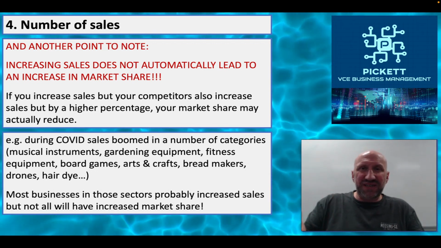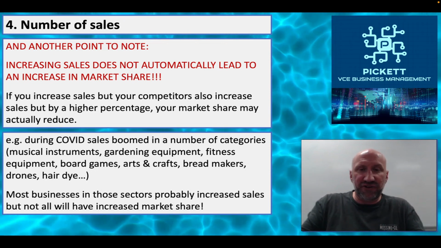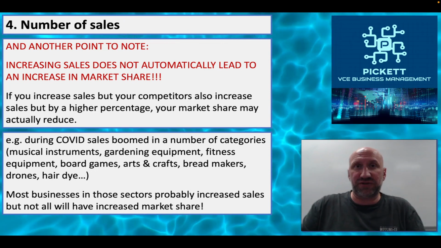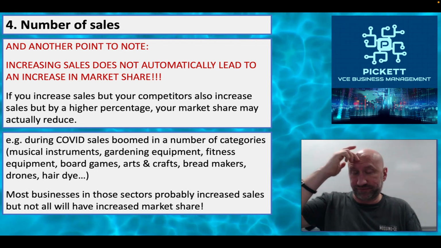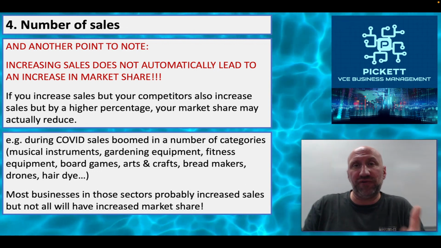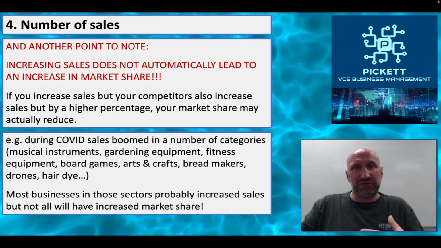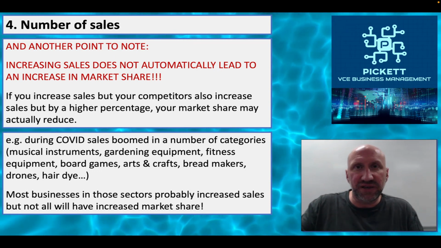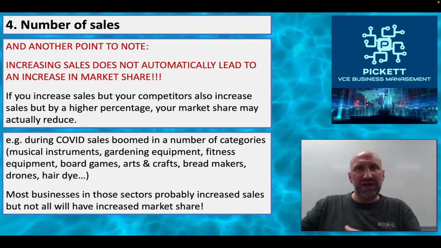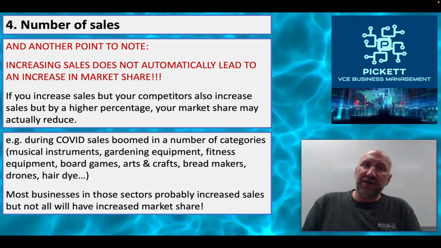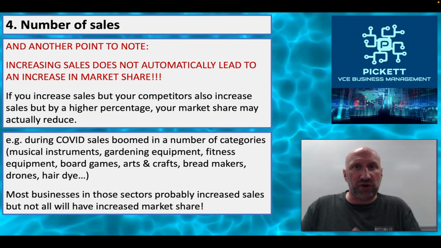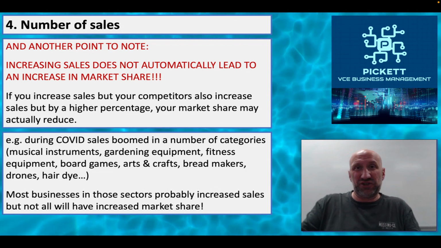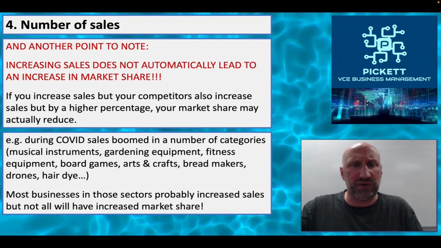Now, most businesses producing that stuff probably increased sales over that period of time. I think the thing that stopped a lot of businesses increasing sales, because it came so suddenly, was that they didn't have the capacity to actually meet the demand. They could have sold more if they could have produced more. That was the thing that got in the way. But if businesses could manage to meet capacity, then sales definitely would have increased.